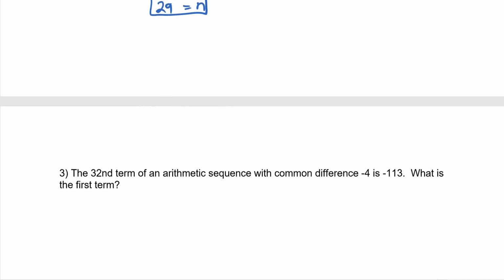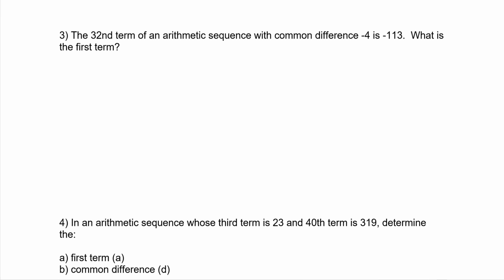So here's another type of question. Now, the 32nd term of an arithmetic sequence with a common difference of negative 4 is negative 113. What is the first term? So we know that we have to find out the first term. I don't know what a is, but what do I know?